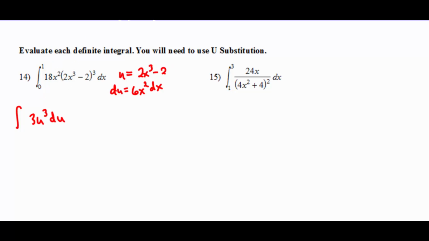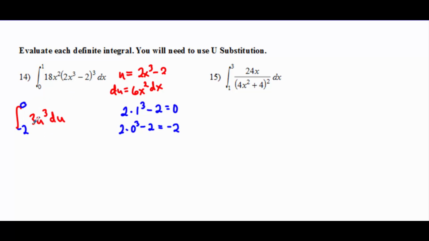The way we've gone over in class is to plug in 1 and 0 right now and say 2 times 1 cubed minus 2 times 0 cubed minus 2. And these are going to be the numbers I write on my new integral. So that's 2 minus 2, which is 0, 0 minus 2, which is negative 2. So 0 and negative 2.